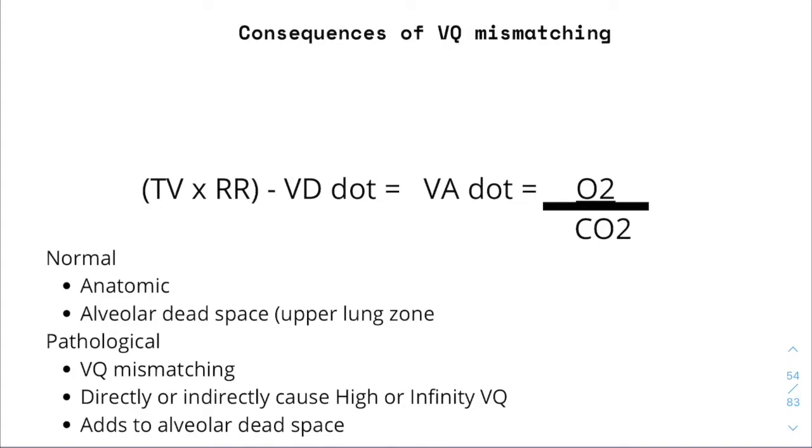Okay, so what will be the consequences of your VQ mismatching? In normal conditions, you can find your anatomic dead space and your alveolar dead space, which is found in the upper lung zone. However, in pathological states wherein you have VQ mismatching, which directly or indirectly causes a high VQ or infinity, this may add to your alveolar dead space.